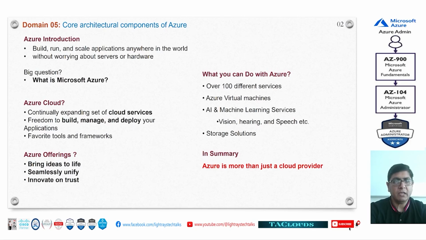So the second option is that Azure will always provide you seamless unify. Third, innovate on trust. So what is meant by innovate on trust? Security is the heart of Azure. Like if you build your own server, you need to put security on that. You need to hire security guards. You need to put cameras and all that. But with Azure, nothing.